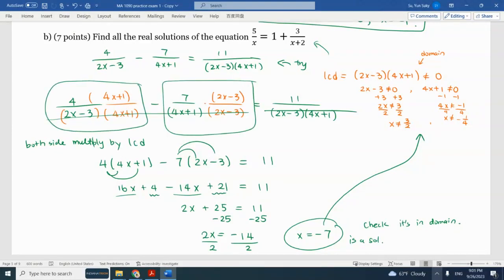Then you can multiply both sides by the least common denominator to clear all the denominators. Then you just look at the numerators, distribute, get rid of the parentheses, combine the like terms, and solve for x. If you can understand this problem, could you type B in the chat?